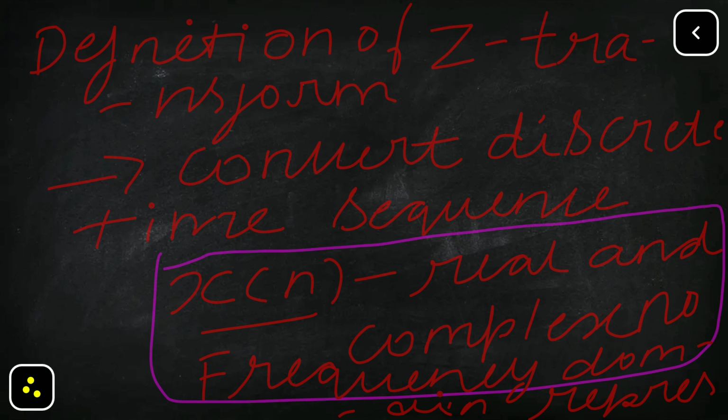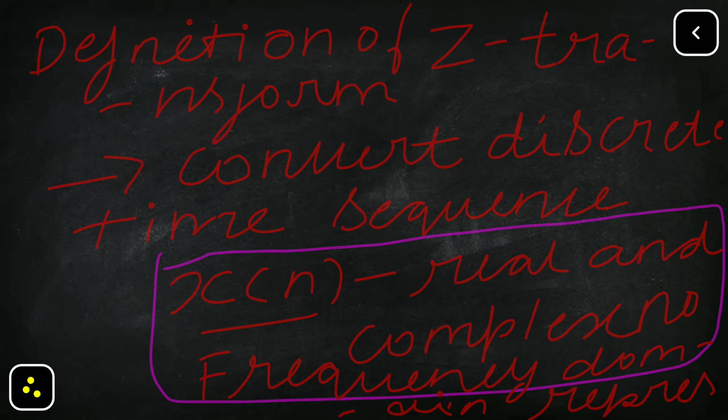That is why we make use of it for wider classes of signals. So all the signals that don't get converged by the DTFT will get converged by the Z transform, right?